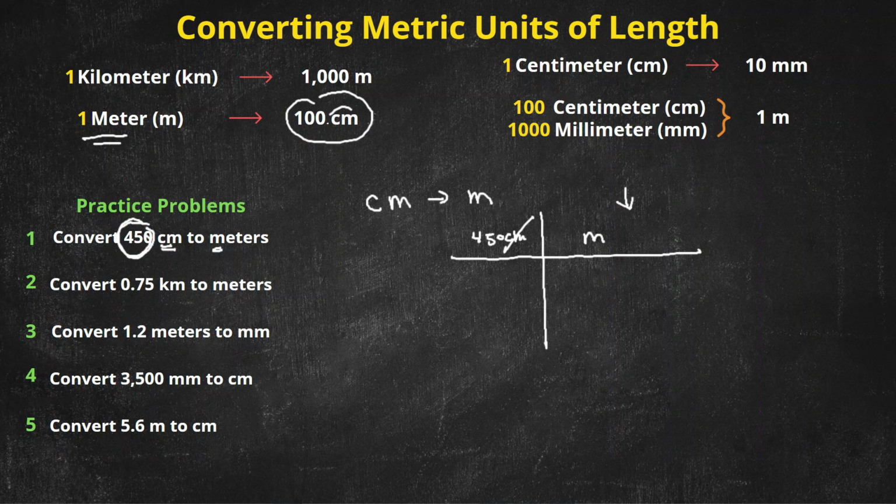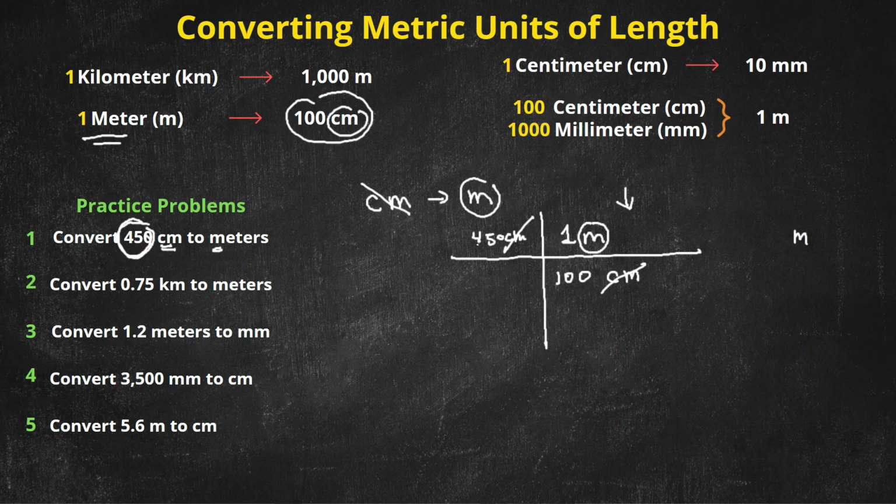So here we have the unit centimeter over here. As you can see, we cancel the centimeter because you want to get rid of this unit because you want the meter. Now, your final answer will be in meters. As you see, you have the unit that you want to convert to at the end.